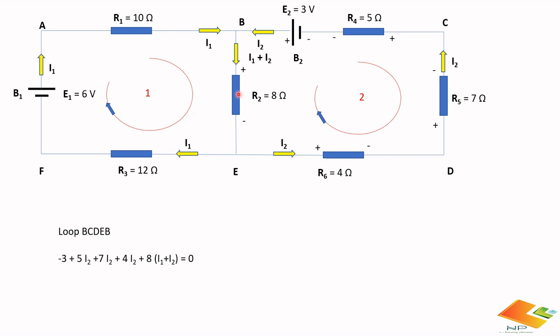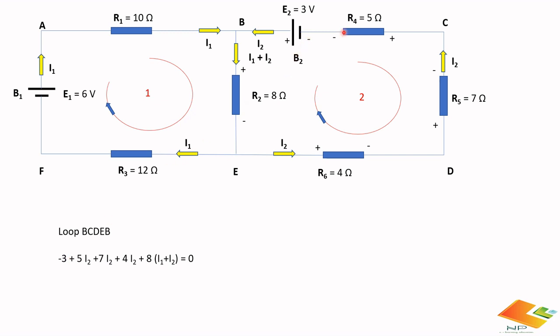In other terms, if we write this equation going in this direction, this means clockwise direction. Okay, so we write the equation positive to negative, that means a voltage drop we have taken here, so the symbol is -3.